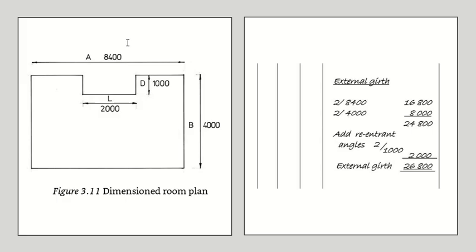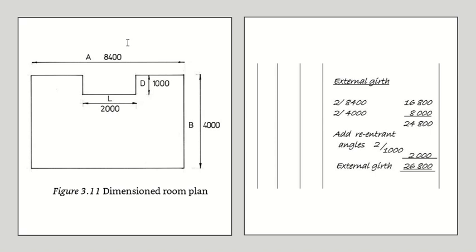Yeah, so the point is correct. First of all, if you can find a very close regular figure, then you treat it as that close regular figure, which is in this case a rectangle. So you see the first 2 numbers are similar to what we have done for all the rectangular plans. So 2 into 1 dimension, 2 to the other dimension, you get a number, but this is not the external girth.